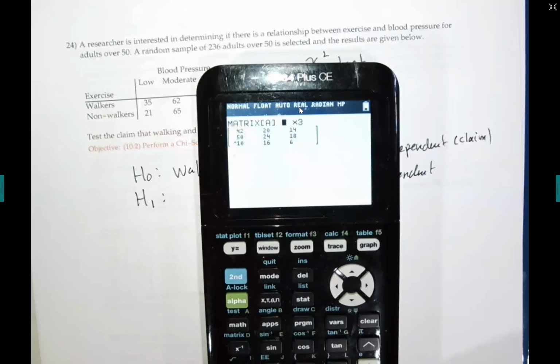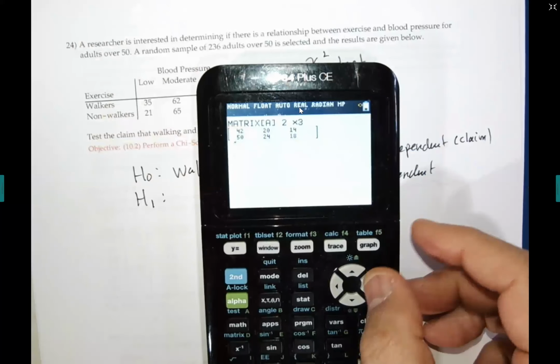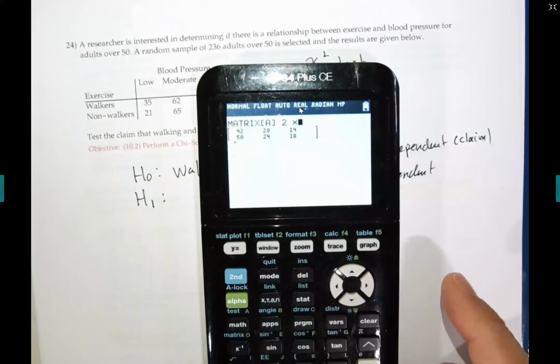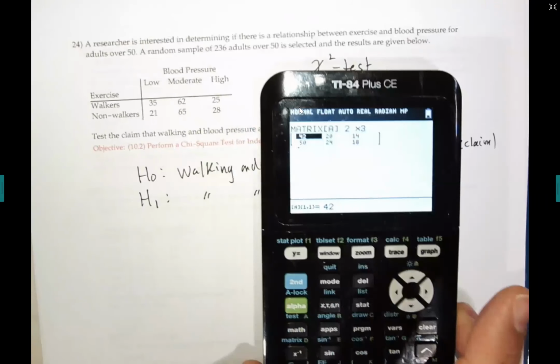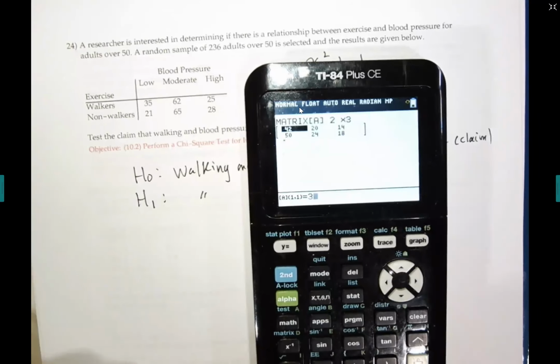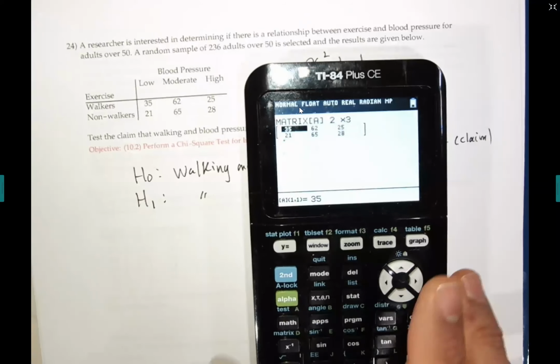So you just put 2 here and then 3 there and then enter. And start entering the values as you see them, guys. 35, 62, 25, 21, 65, 28. Okay, now I'm done here.